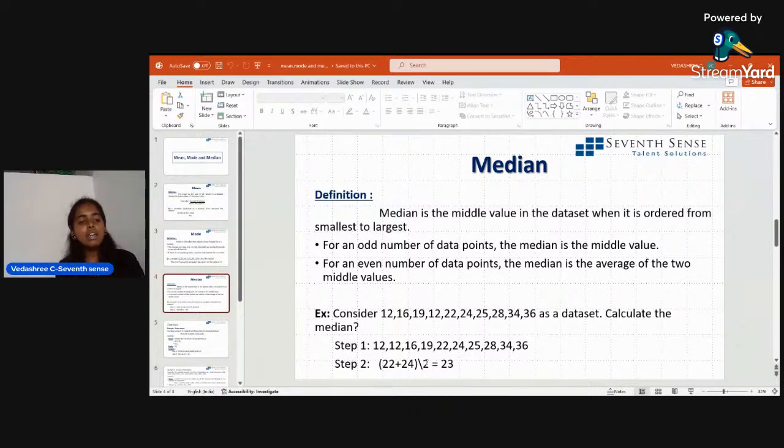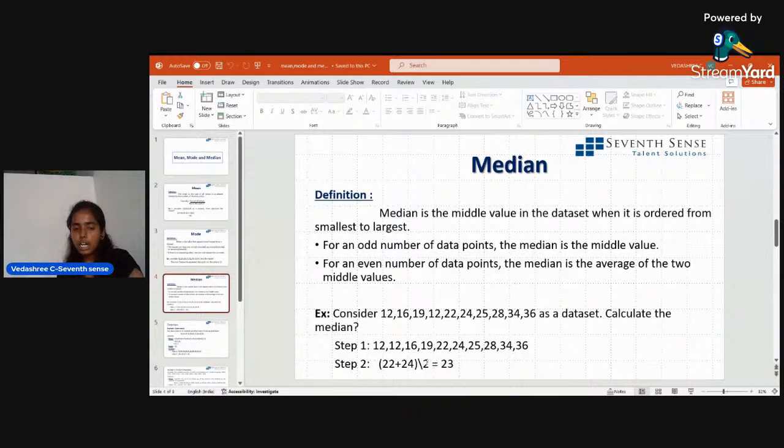So there are three concepts here: mean, mode, and median. Mean is nothing but the calculation of average. Mode is the most frequently appeared value. Median is the middle value in the data set when it is ordered from smallest to largest. First we arrange the values from smallest to largest, then calculate the middle value.